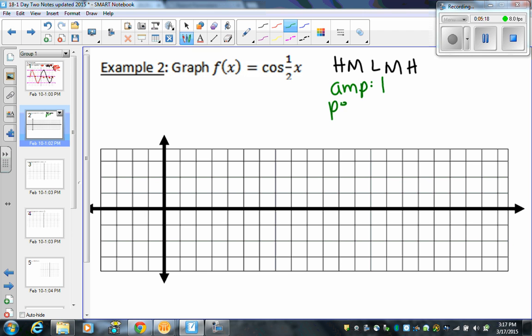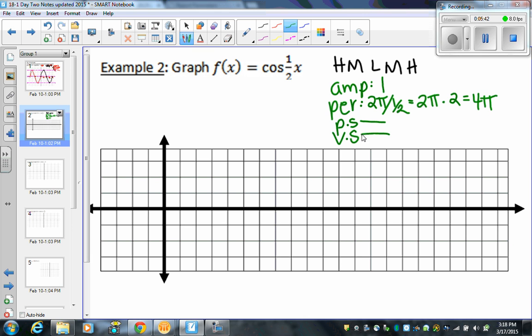Our period is going to be 2 pi divided by b, or 2 pi divided by 1/2. Changing that to 2 pi times our reciprocal, 2 over 1, gives us 4 pi. Our phase shift is none. Our vertical shift is none.